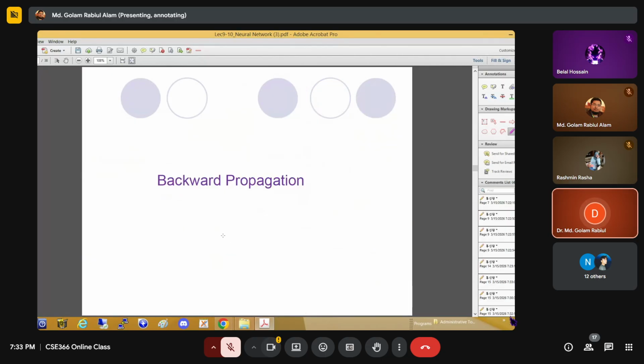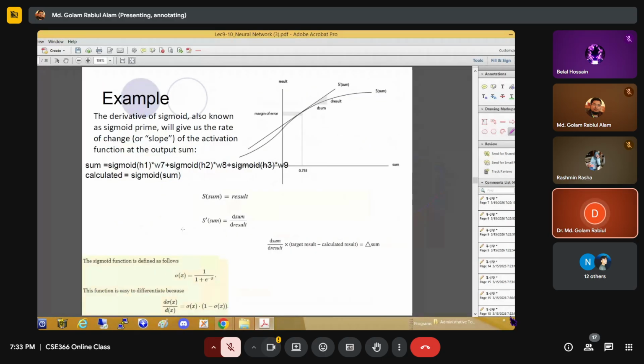So now we know the error, and the generated error is from the sigmoid of the sum. Then we need to think about if we change the sum a little, then how much it will affect our error. So we need to determine that.